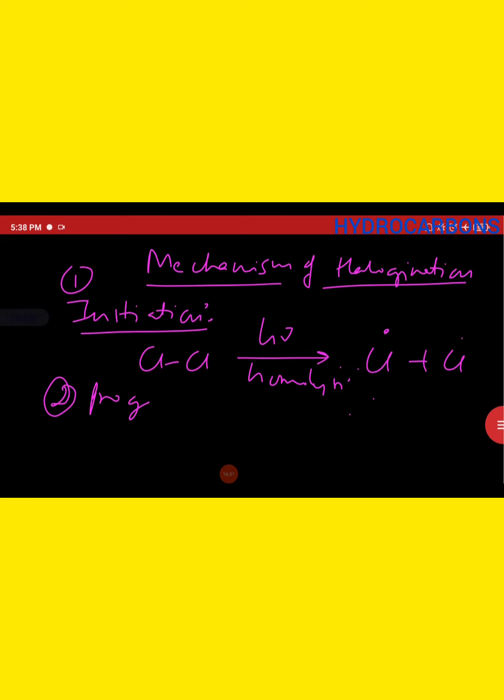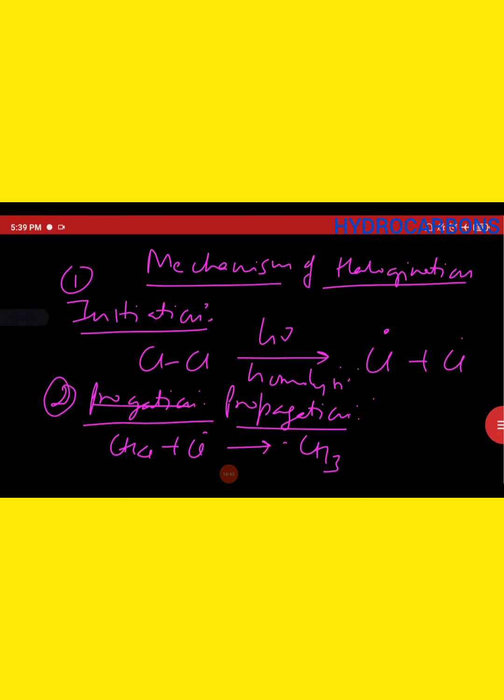In the second step, which is the propagation step, chlorine free radical attacks methane, and it forms methyl free radical and HCl. Now on methyl free radical, chlorine gas attacks in the presence of sunlight, and it forms methyl chloride and chlorine free radical.